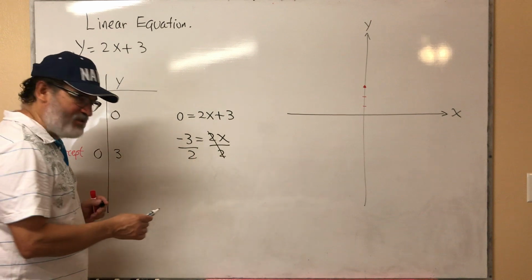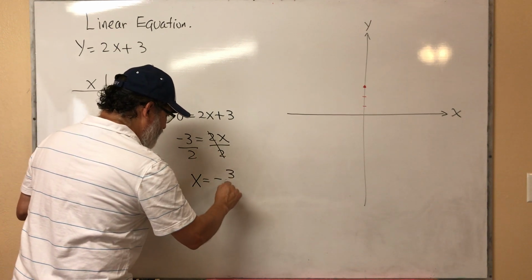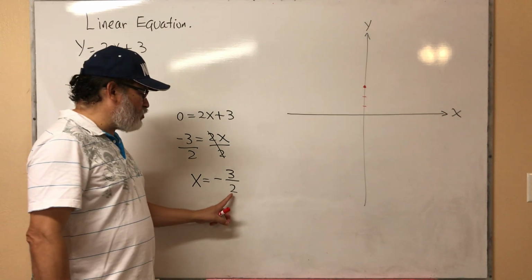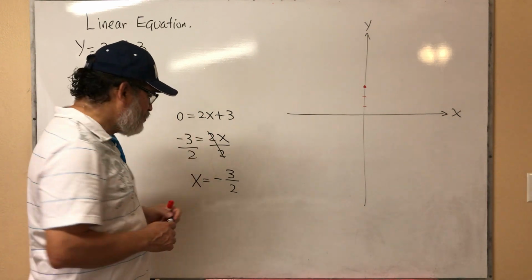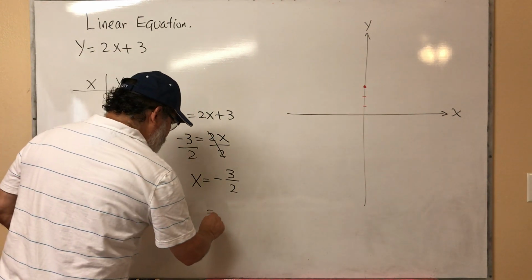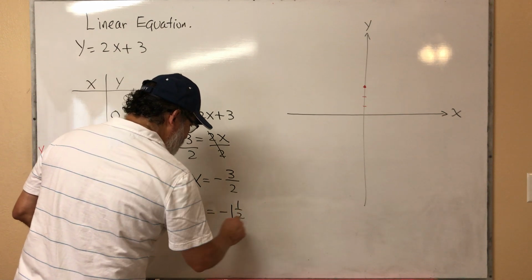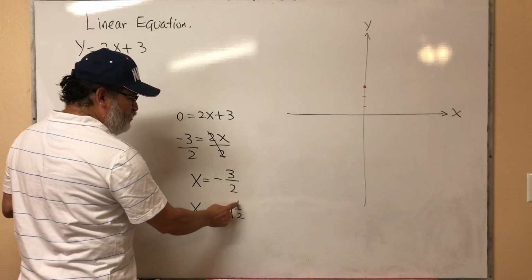I'm going to write it like this. X equals negative 3 over 2. Now 2 goes into 3 one time, and 1 is left over. So therefore, x is equal to negative 1.5. Note, 2 times 1 is 2 plus 1 is 3.